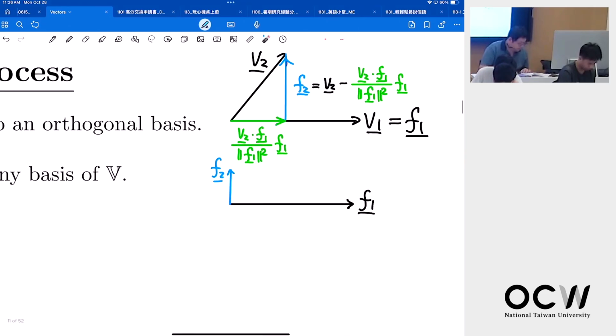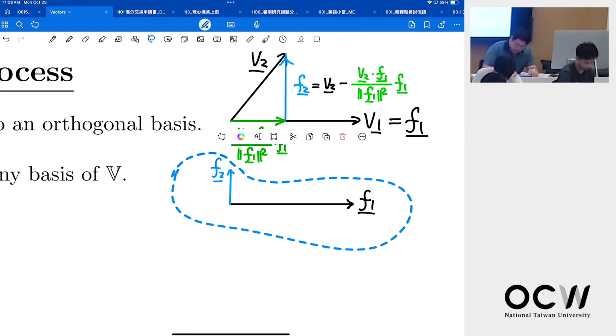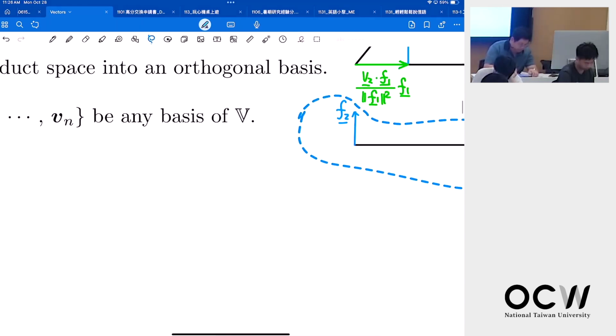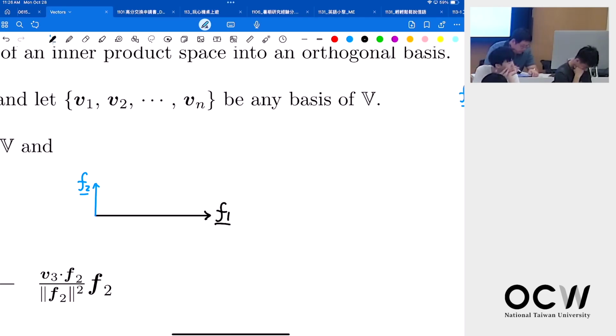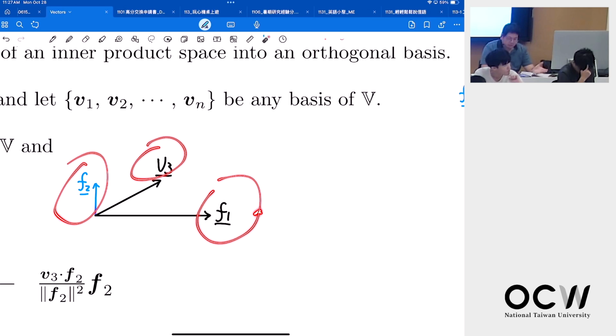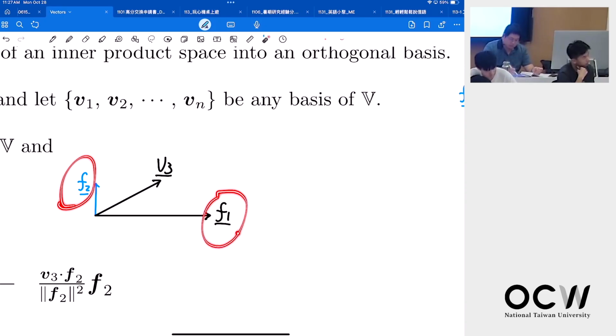Then if I have another vector v3, now in 3 dimensions, these 3 will be a basis, but not an orthogonal basis, because even though these two are orthogonal, v3, this angle is not 90 degrees, and maybe this angle is not 90 degrees.